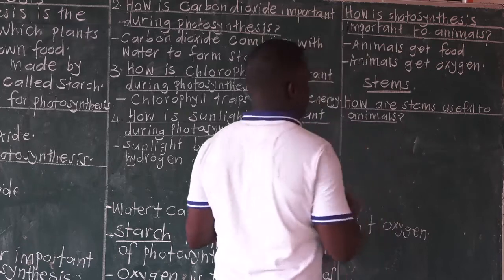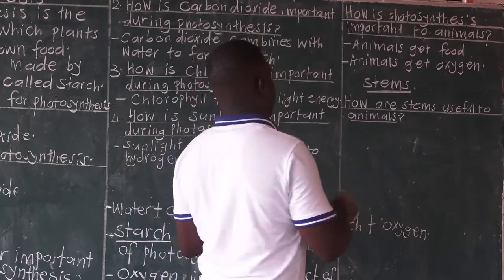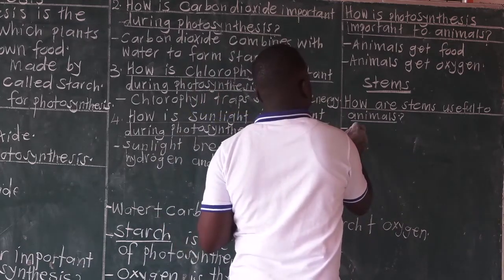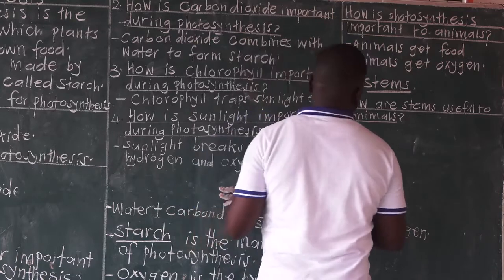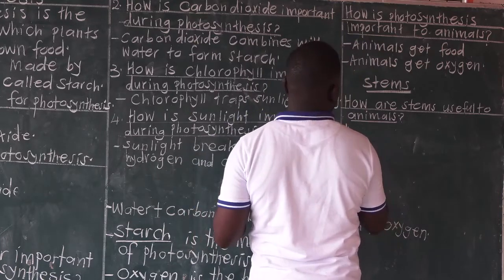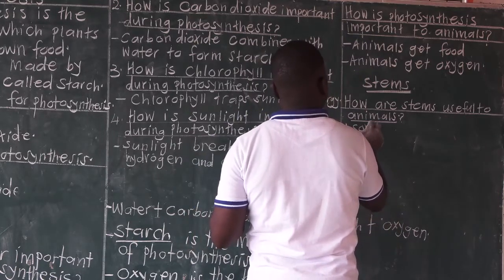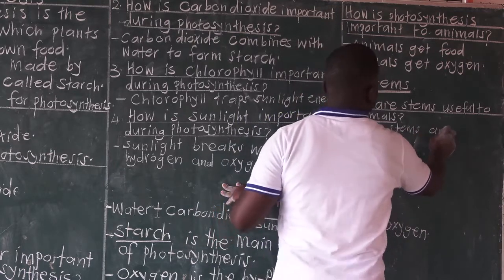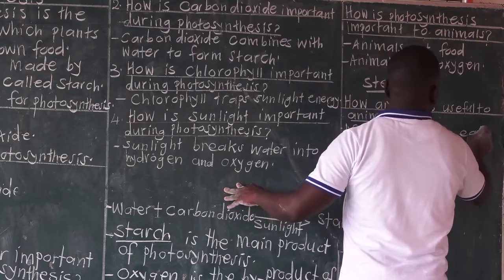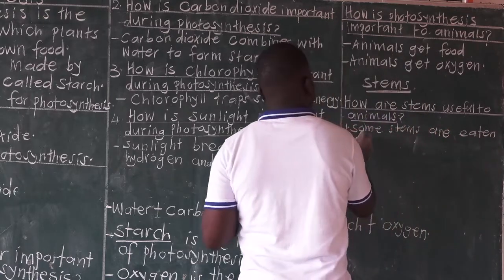How are stems useful to animals? One, some stems are eaten as food.